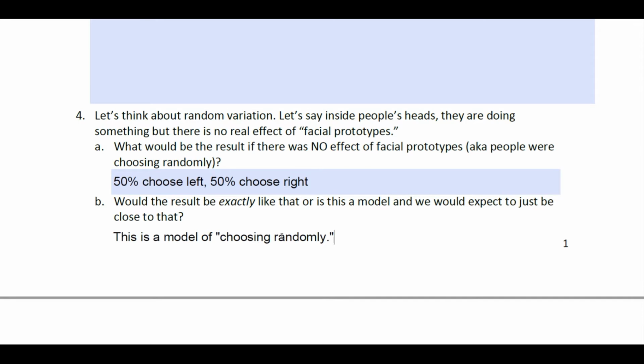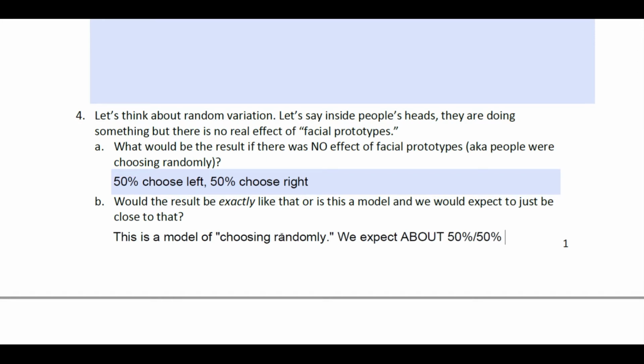If everybody chose at random, we would expect it to be about 50-50. But if it turned out to be 51-49, that wouldn't really blow my mind. A couple more people happen to choose one over the other, or one more person. If it was 48-52, again, I wouldn't be that surprised because it's pretty close to 50-50.